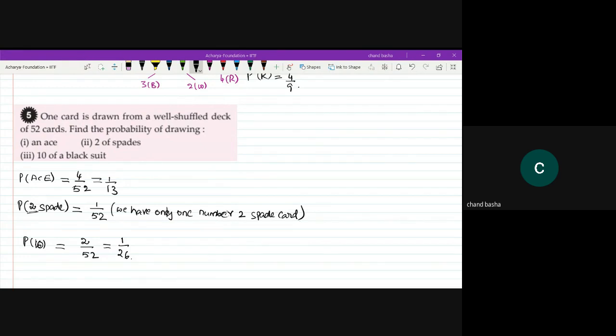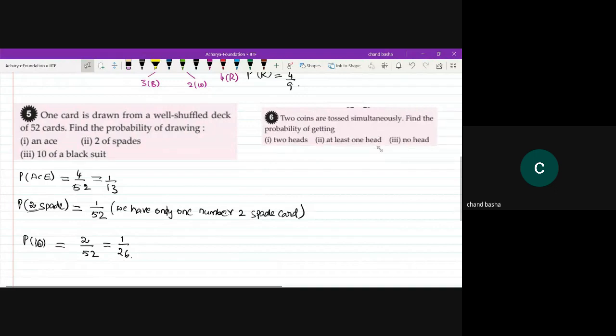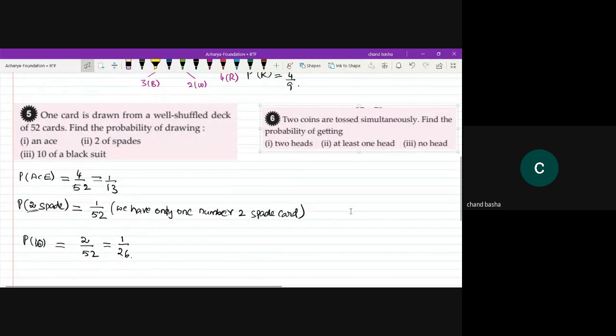Let's try to see the next question. You have to remember that flow chart, guys. 2 coins are tossed simultaneously.